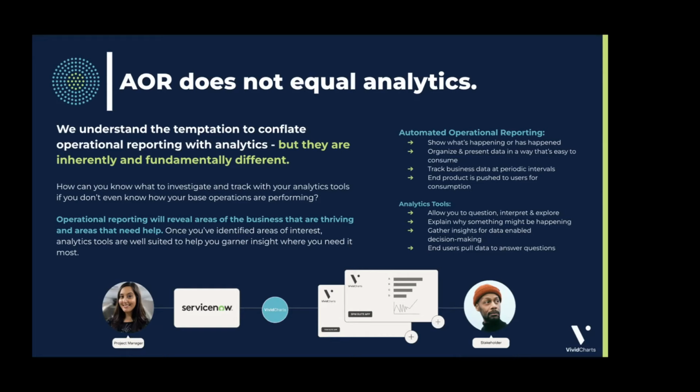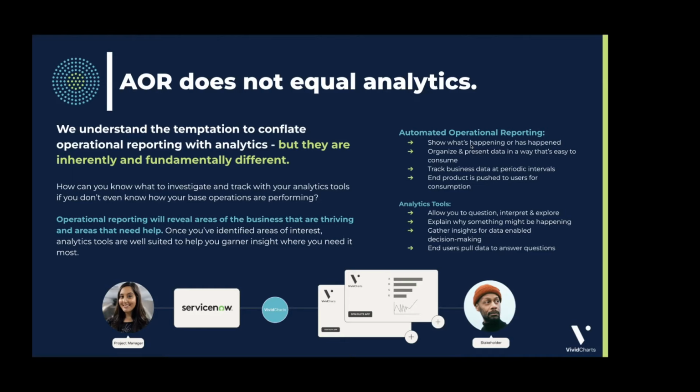So from an automated operational reporting standpoint, just to rehash, we want to show what's happening or what has happened. We want to organize and present data in a way that is very easy to consume and consistent so that we can deliver it on periodic intervals. And we want to push that out to our audience for consumption and interpretation. So that's the cycle Mitch just took us through there.